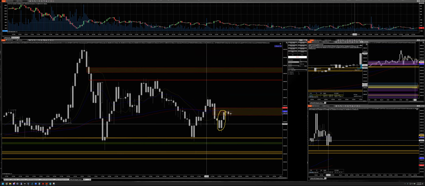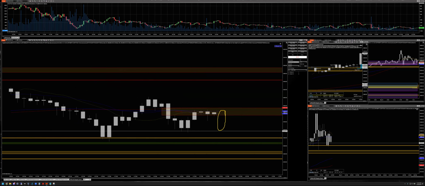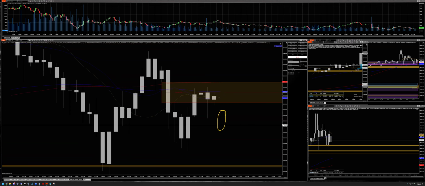Can you zoom in a little bit more? I'll show you two examples of how price action reacts when it hits a candle that has no wick. There's that one. It has no wick. Look at this: as soon as it closes, huge wick. And then we have the same thing right here.